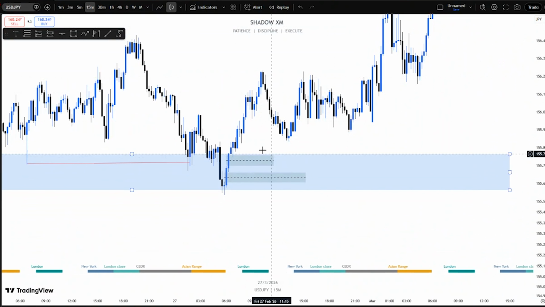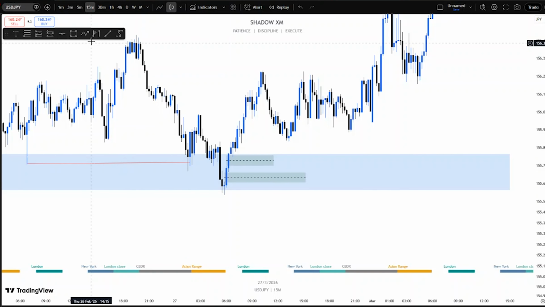These two FVGs are a very possible zone for the market to buy from. You understand me, right? The basic stuff on UJ, according to me, when I see two FVGs, premium and discount, I take the one closer to a breaker or a possible demand zone. So I went for this one.